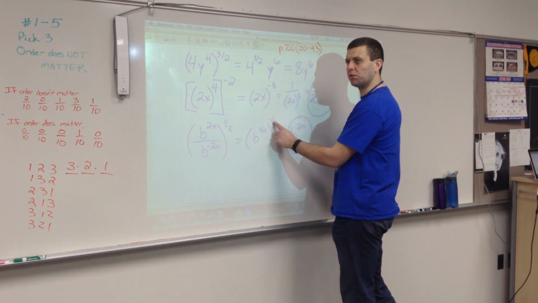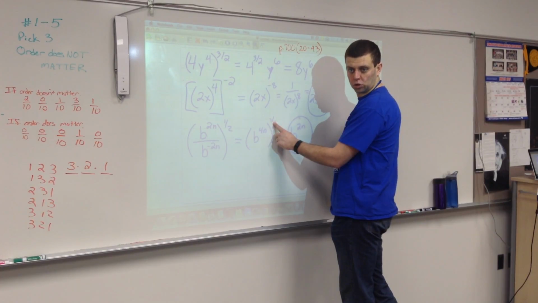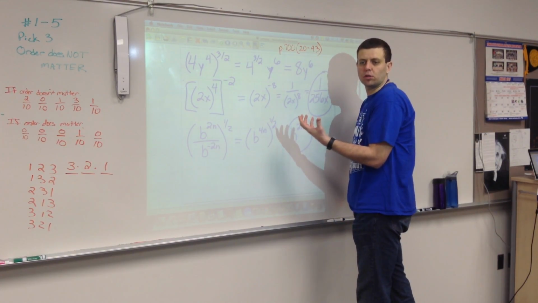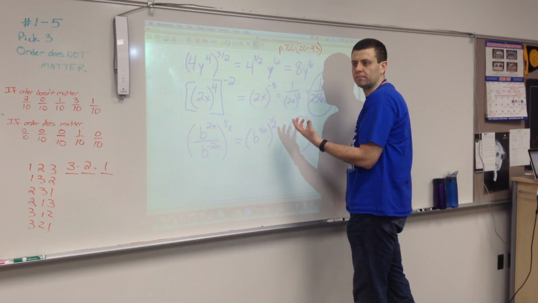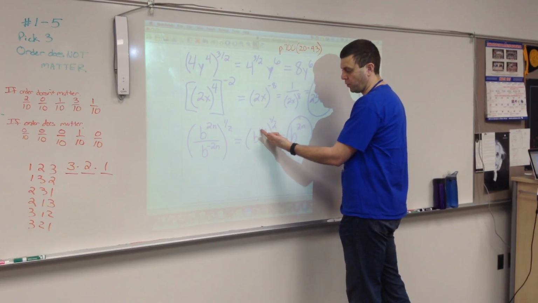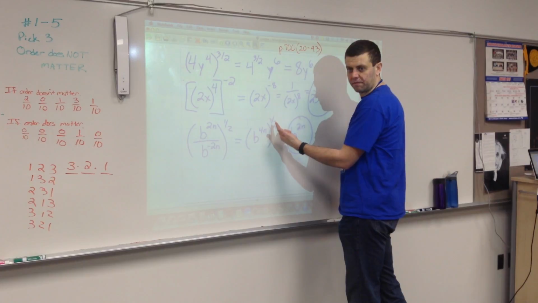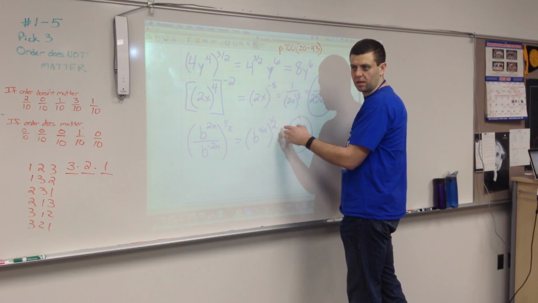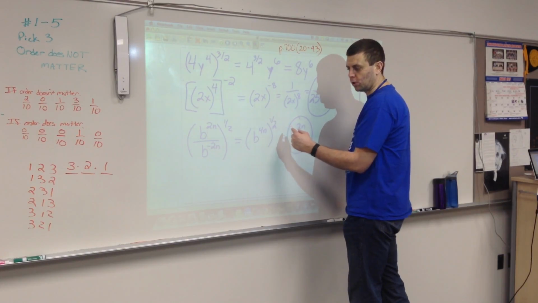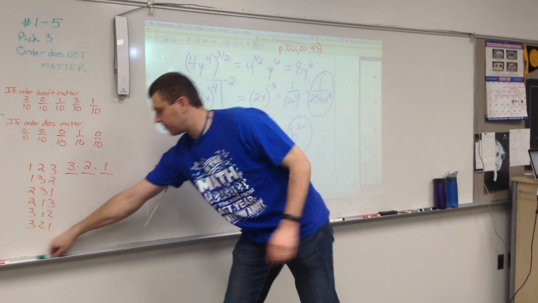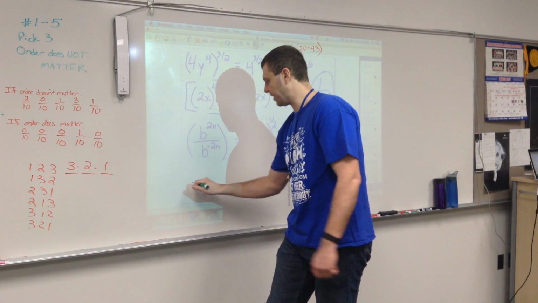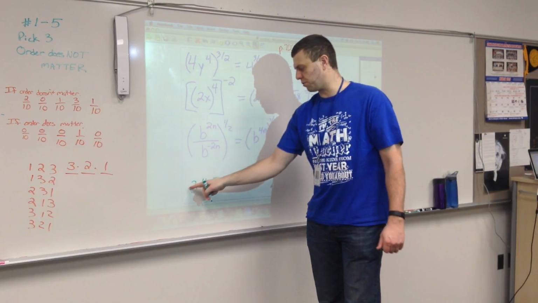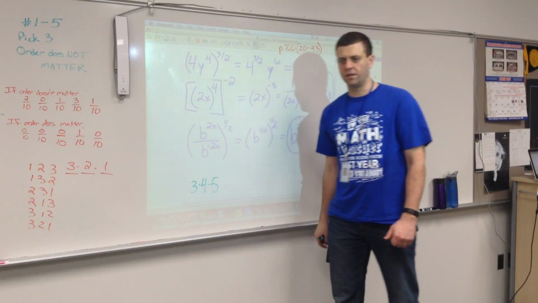When you raise a power to a power, you multiply, correct? Okay. So what am I going to be multiplying together? 4n and 1/2. Okay, so if I take 4 times n times 1/2, for example, if I tell you to take 3 times 4 times 5, you don't take 3 times 5 and 4 times 5, do you?